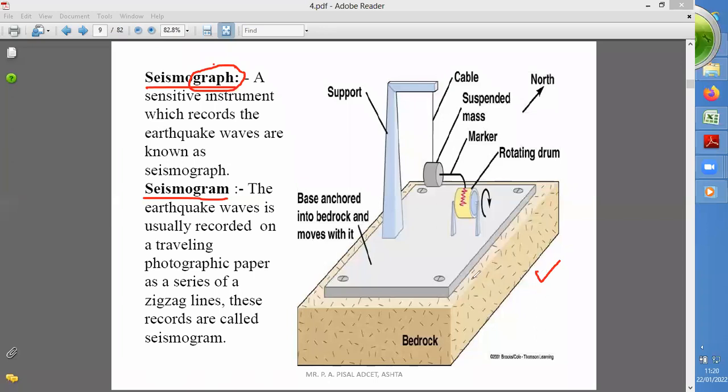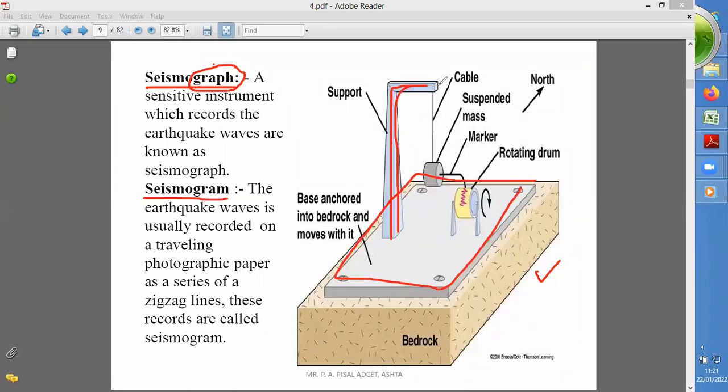Now, how is it working? First, this instrument is placed on a bedrock or any concrete slab with this base plate. The base plate is fixed with nut bolts. To this base plate, one vertical metal rod is provided.